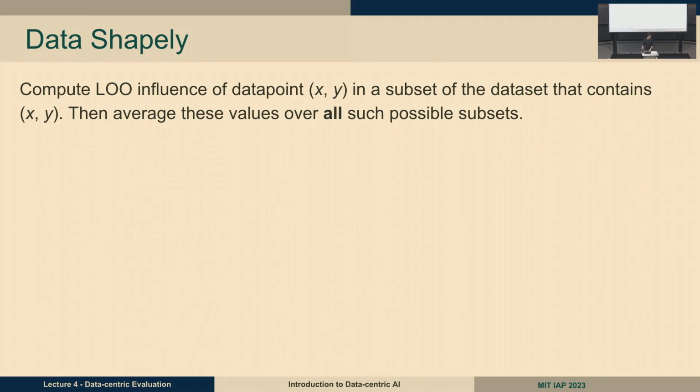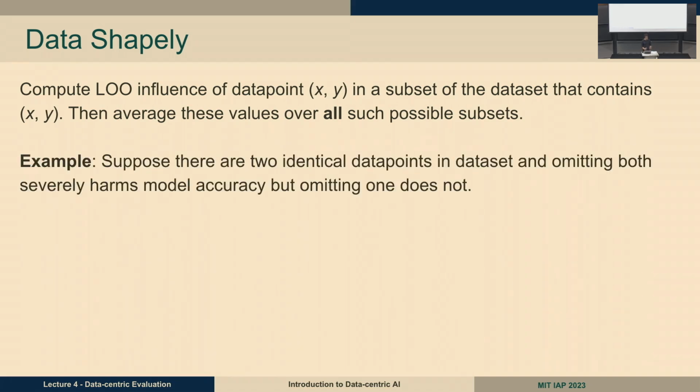And then we can average these values over every single possible subset of the data set. And that gives you a pretty broad understanding of how much this data point contributes in different contexts where it could have been present or absent from a data set. Of course, this is very nasty to compute, so I'll get into that in a second.